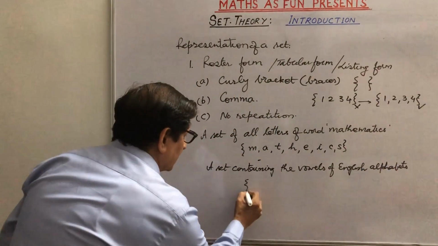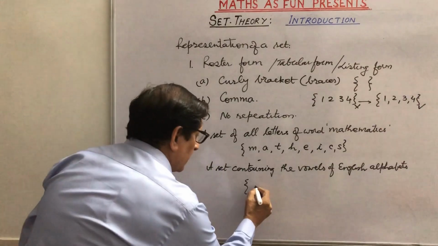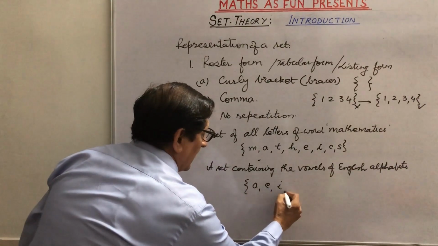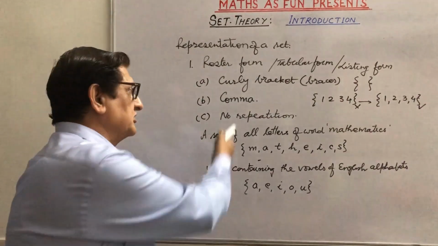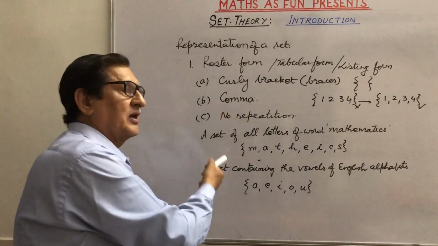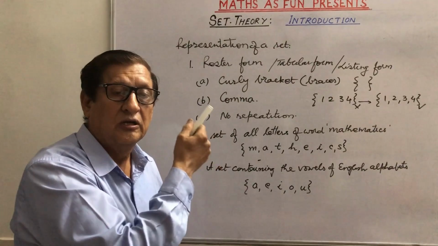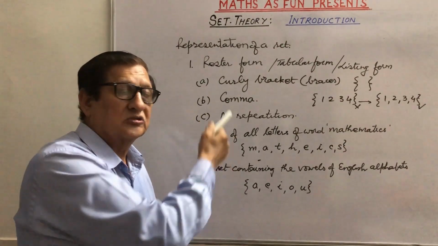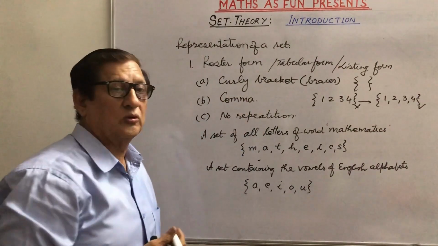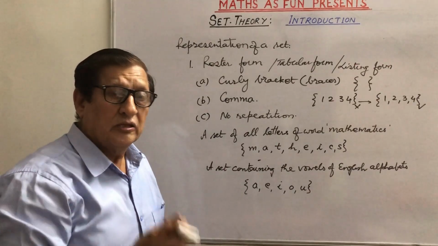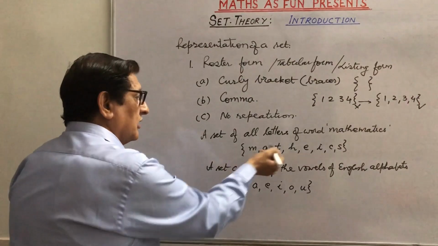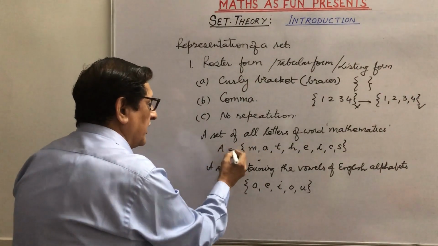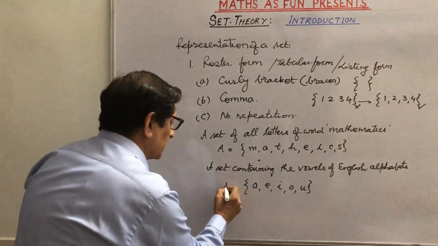Then we will write this as A, E, I, O, U. Please remember these 3 points and then you will have a perfect representation of a set in the roster form or tabular form or listing form. Generally we write the names of the sets with capital letters, like we can write this as set A, and this we can write as set B.